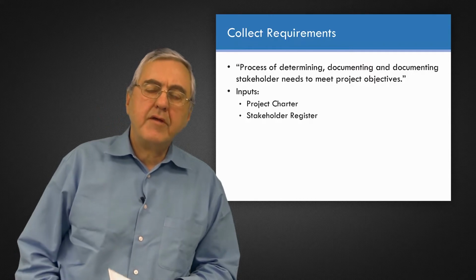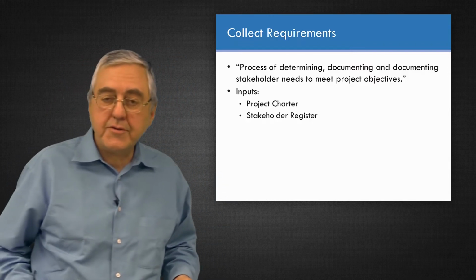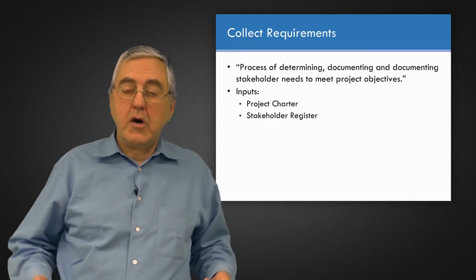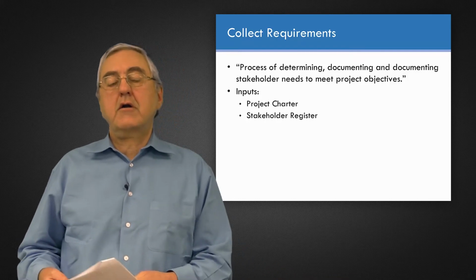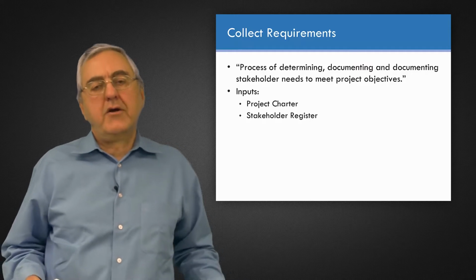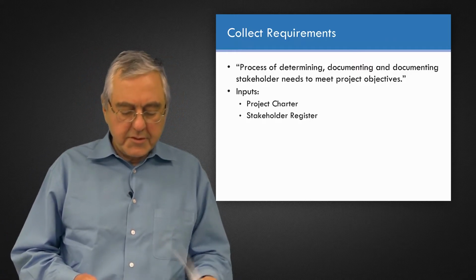You've got a couple of inputs already. You have a project charter which has authorized you to expend resources at doing this further planning work. You already have some initial requirements that were part of that project charter. And you've already identified stakeholders and you have a list of those stakeholders, and now you're finding out what their requirements are.